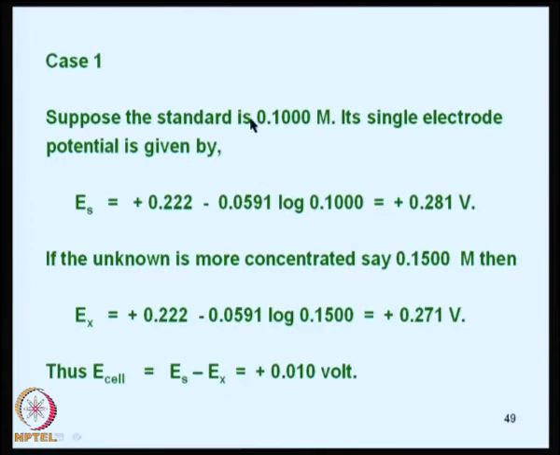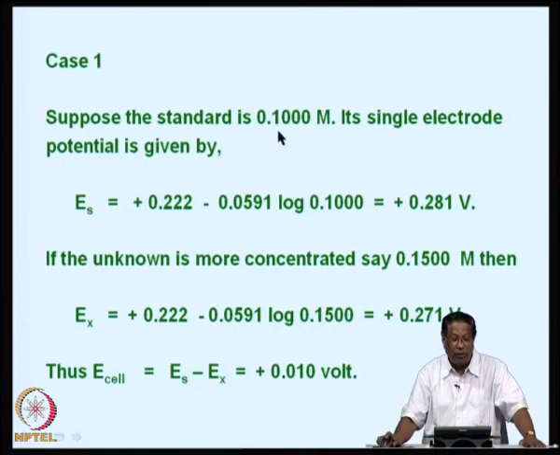Now, suppose the standard is 0.1000 molar, it is a single electrode potential. I can write E is equal to E naught minus RT by nF ln oxidant by reductant. Instead of oxidant by reductant, I am going to write the numbers now. So, the silver chloride electrode E naught is equal to 0.222.